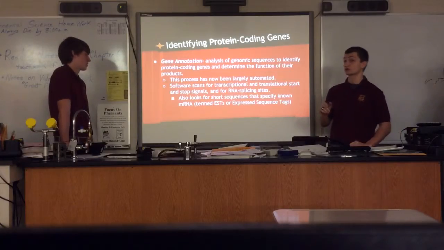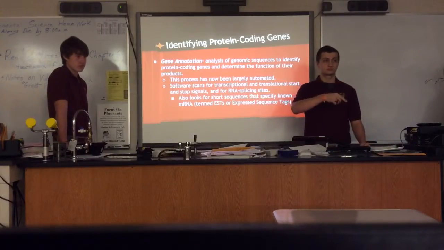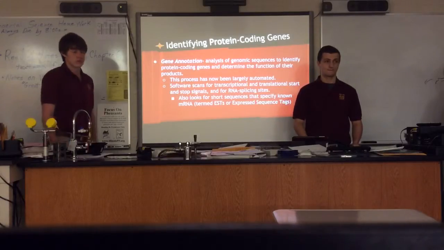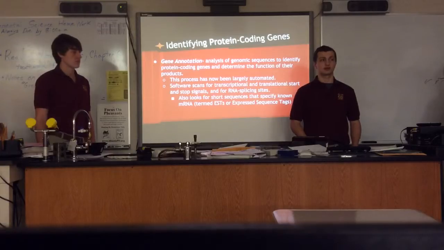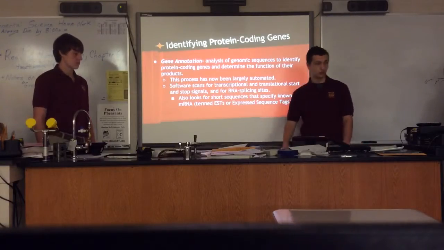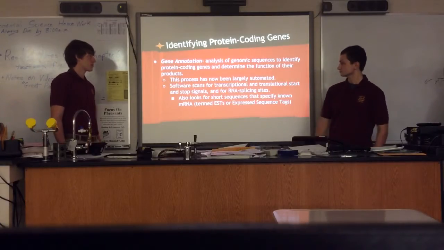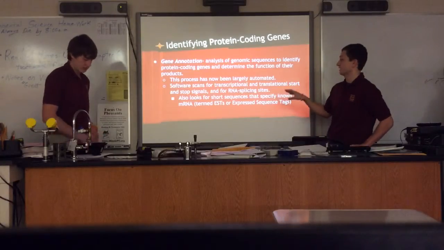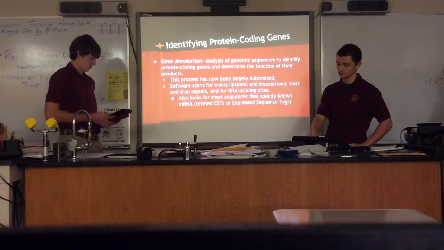Does anyone remember the start signal for translation? I'm looking for the amino acid. Yeah, methionine, AUG. Some stop signals include UAA and UAG. They also look for sequences that specify mRNA, which are called expressed sequence tags, or ESTs.